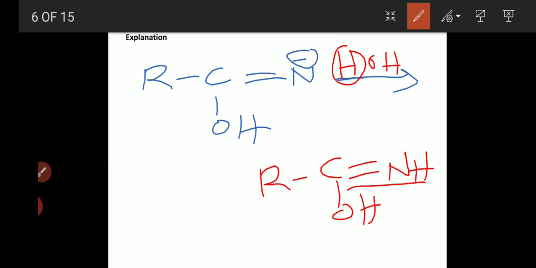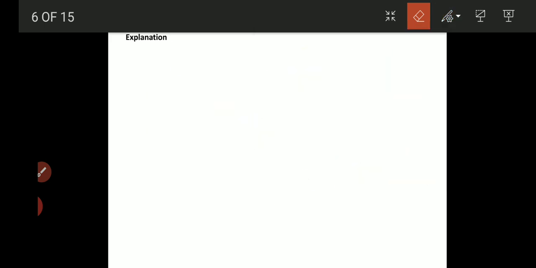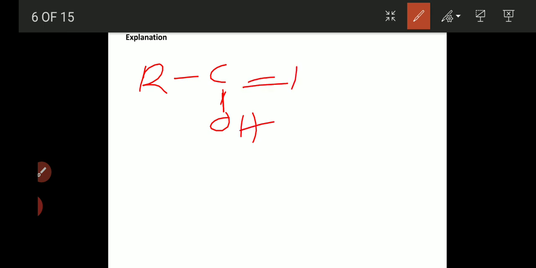Now this imine will rearrange, simply rearrange. How will this imine rearrange? R C bond OH double bond NH. This is our imine.